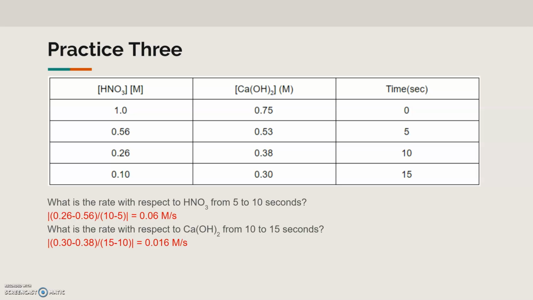Close the parentheses, place a division sign and another parenthesis, and we put the ending time that we're concerned about in this problem, which is 15 seconds. Subtract the starting time that we're concerned about in this problem, which is 10 seconds. Close the parentheses, add another absolute value sign, place it in our calculator, and obtain an answer of 0.016 molarity over seconds.